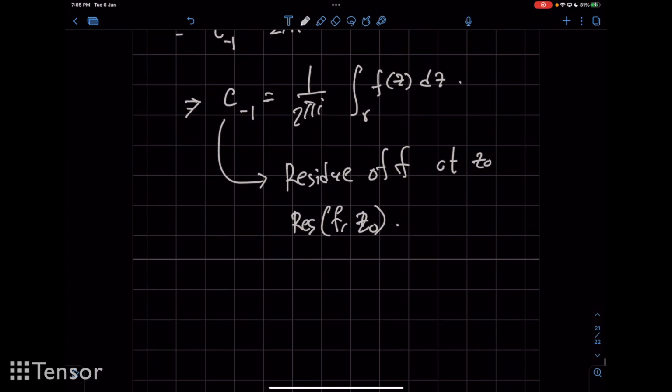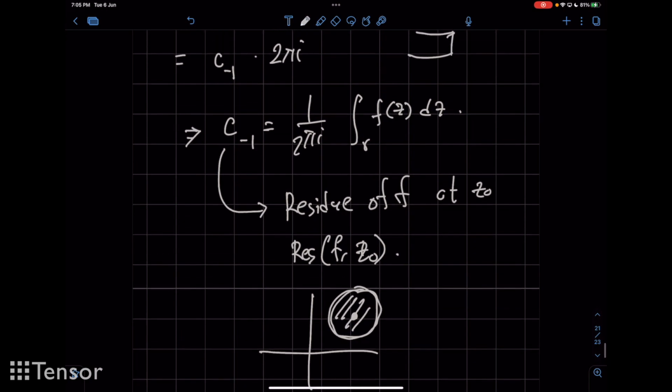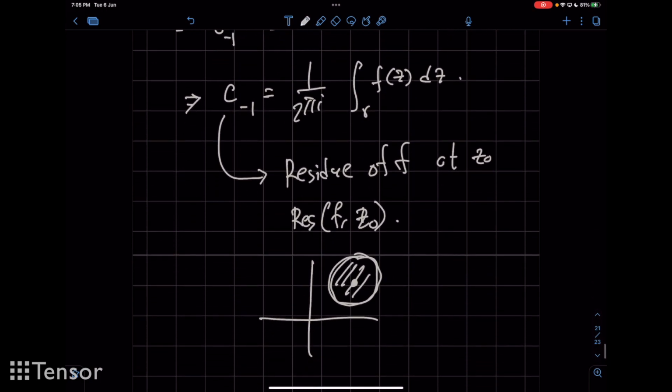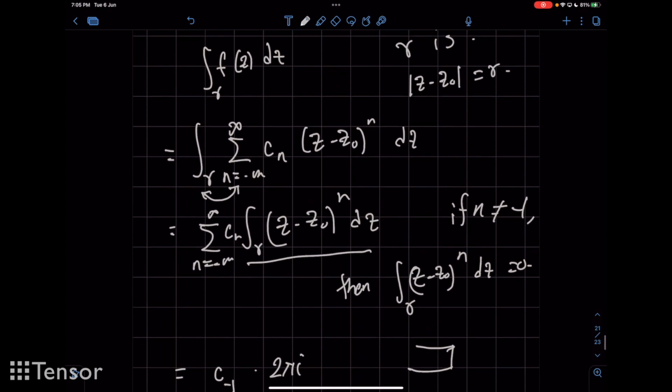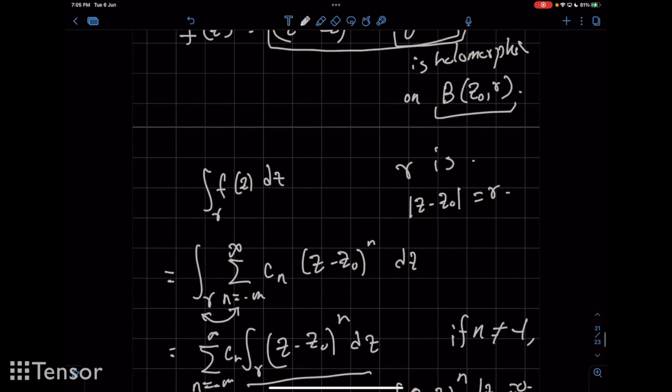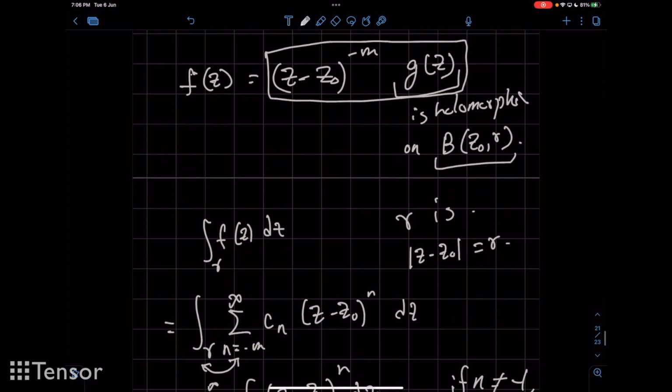So here we examined a case where this was a pole, and this was the curve I integrated over. Also, we had another assumption, that in this region there is only one pole. Do you all see where we use this assumption? We said that g is holomorphic on the whole open ball.